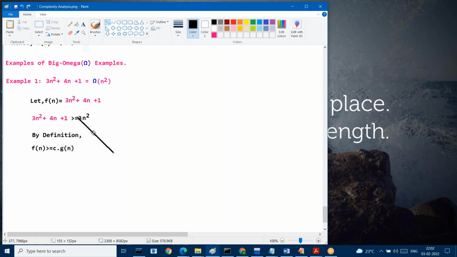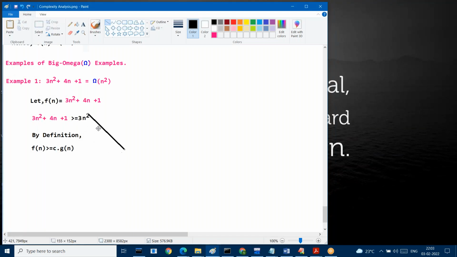That's why, instead of thinking about a different constant, keeping it simple, 3n square plus something will be greater than or equal to 3n square. If it is 7n square plus something, then that will be greater than or equal to 7n square. No hard and fast rule, but very easy to decide here. If I take 2 or 4, you may ask why 2, why 4. But if I take 3, you will not face that much difficulty, because this is simple. 3n square plus x will always be greater than or equal to 3n square. Clear? No hard and fast rule.